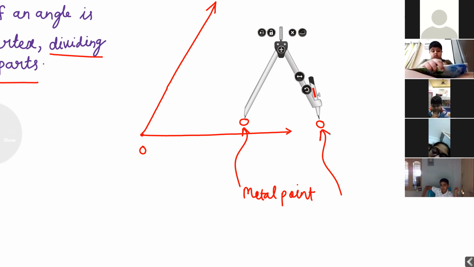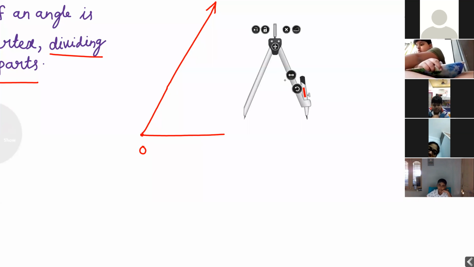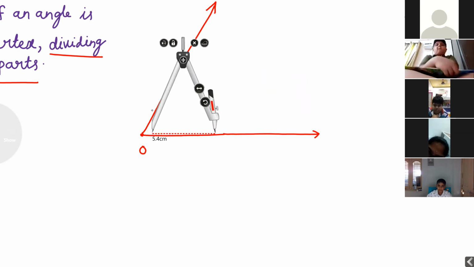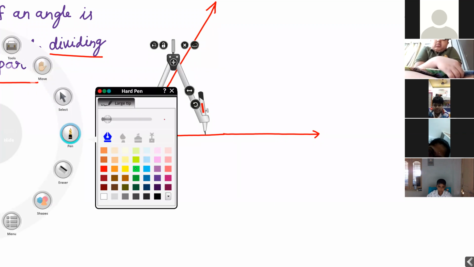Now I want to bisect this angle. How to bisect? Concentrate, everyone. Firstly, I keep my metal point at point O. Don't write anything.